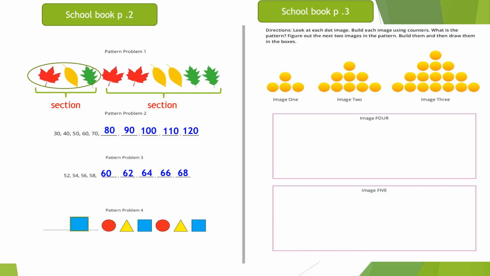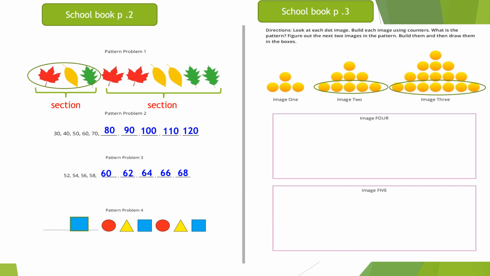Each time I add a row below with 2 dots more than the upper row. So image 4 will be 1, 3, 5, 7, 9. Yes, each time I will add a row below with the next odd number.